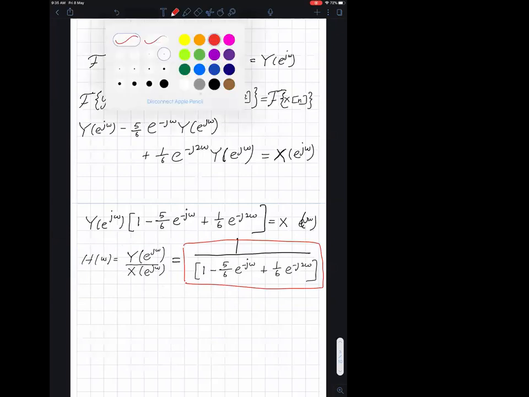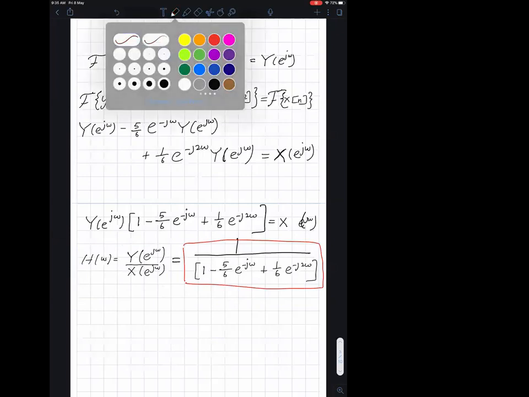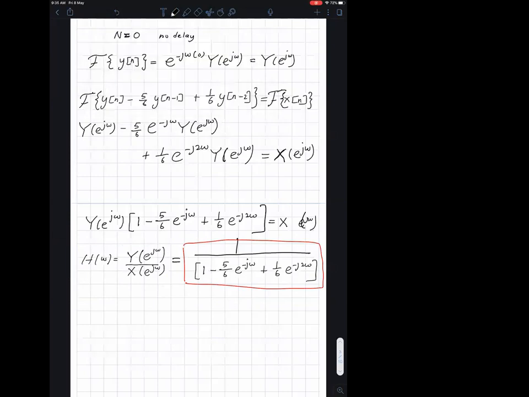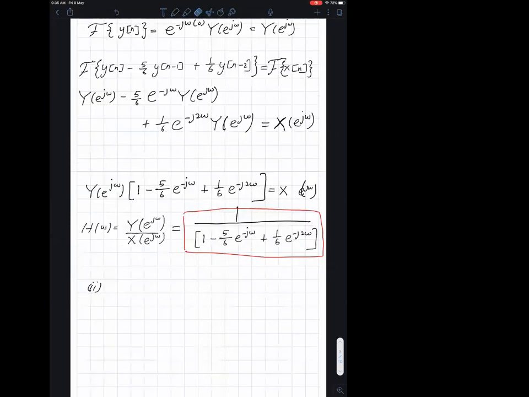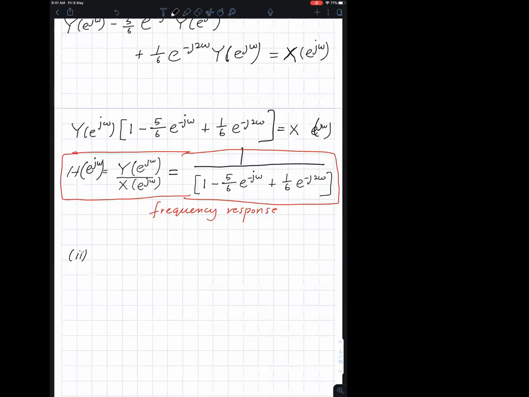Then part 2 is find the impulse response. So let's do the partial fraction.